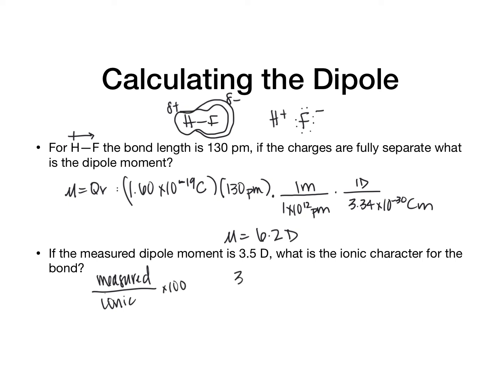In this case, it's 3.5 divided by 6.2 multiplied by 100, and that gives you that it is 56% ionic. So this tells us that this bond is not shared, but not fully ionic. And we can look at this measurement for lots of different bonds.